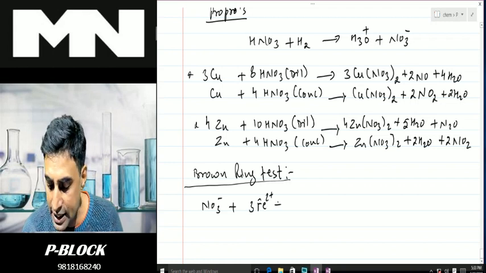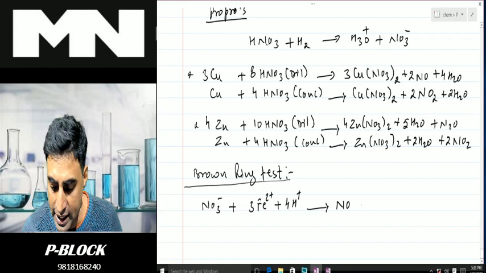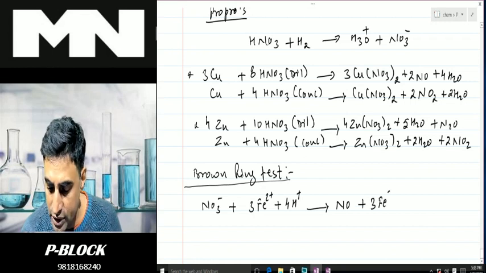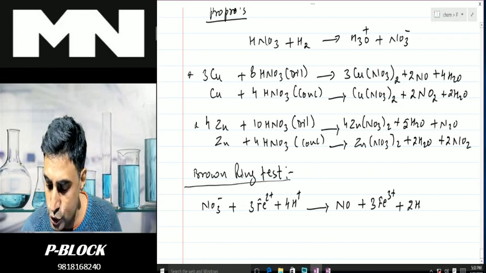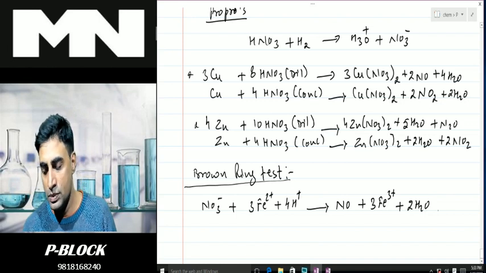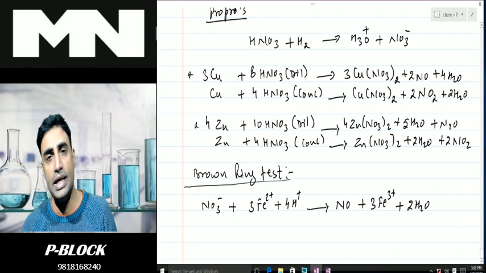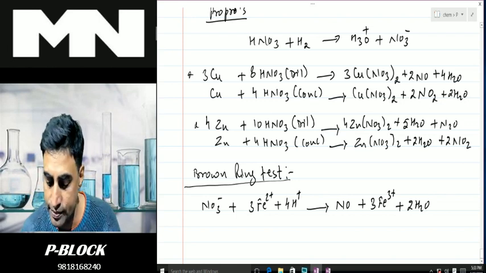They'll react in acidic medium, that is H+ ion, to form NO, nitric oxide, plus 3 moles of Fe3+ plus 2H2O. I said that Fe2+ reduces nitrate ion to nitric oxide.